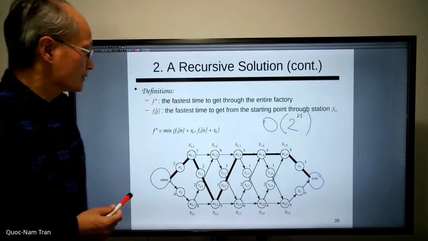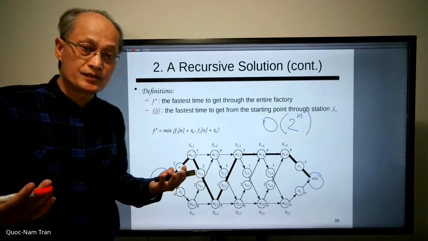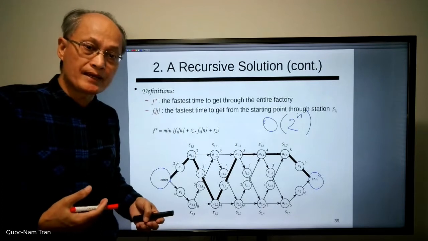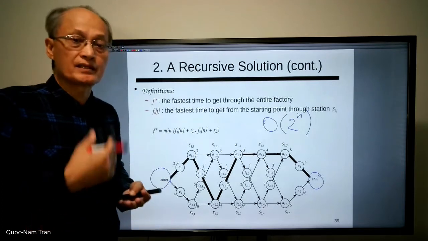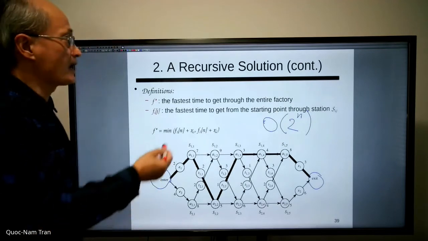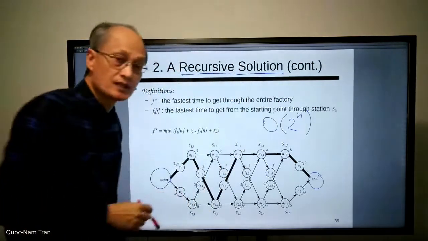Okay. So the second thing we did was, okay, can we just understand the problem and then try to design a recursive algorithm using divide and conquer? All right. So last time we were working on the recursive solutions, right?